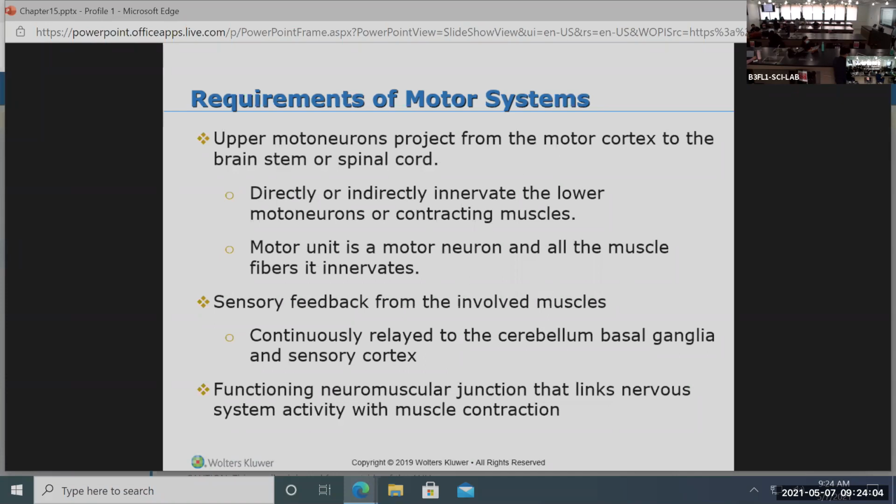Now, for the motor system, we do have sensory feedback. Sensory feedback from the involved muscles. Who provides sensory information from the muscle? What do we have in the skeletal muscle? Anybody? Receptors. What are the receptors in the skeletal muscles called?